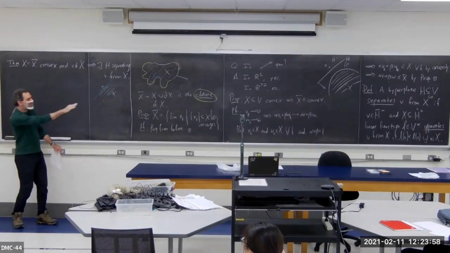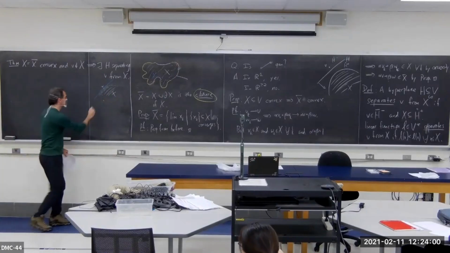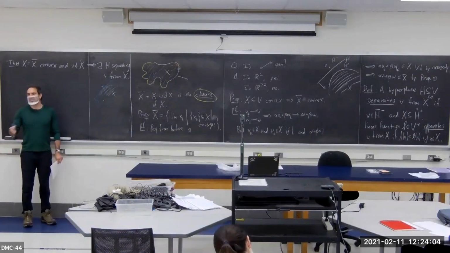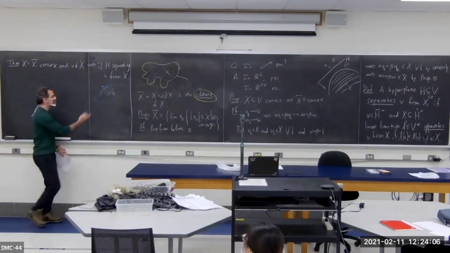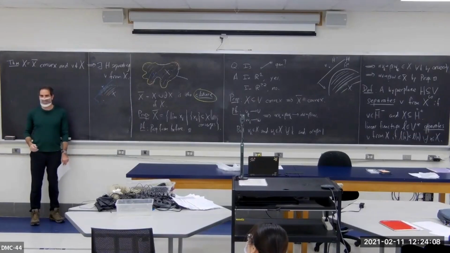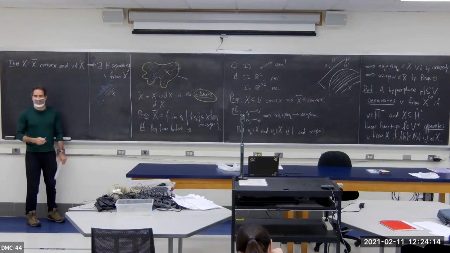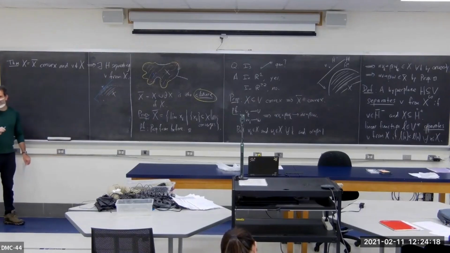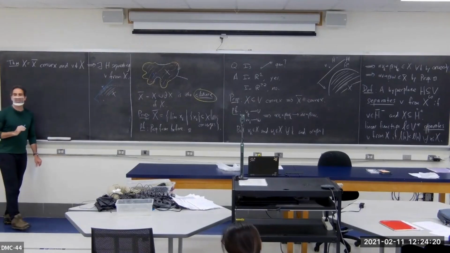Think of the linear function version. What is the value of this linear function at V? Well, it's whatever it is. What's the value of this linear function at all the points of X? It's strictly positive there, strictly bigger than it is at V. So this is not a counterexample. It could lie on the boundary, but other things have to lie on the boundary too.